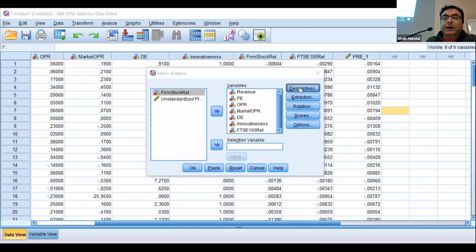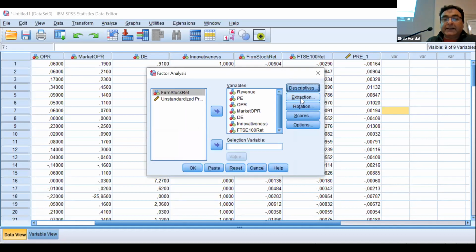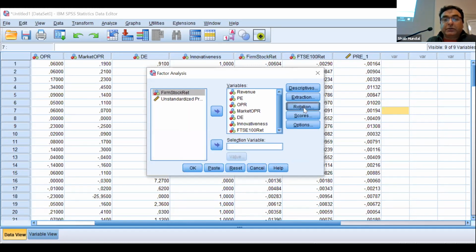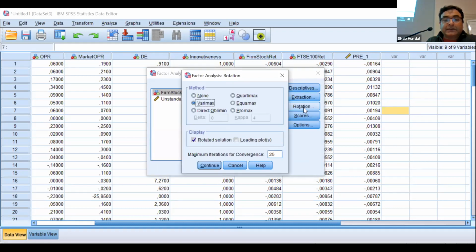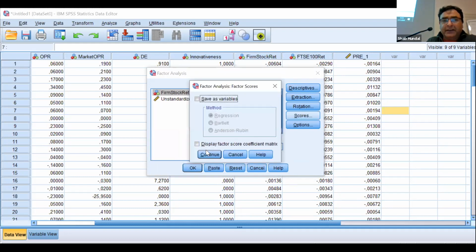Once again, in descriptives, we take univariate, we take KMO, click OK, then the next thing is extraction. Take principal components and the fixed number of factors. We have 3 factors. Continue, rotation, varimax, and rotated solution, nothing else. Continue, scores. I don't think we did anything here.